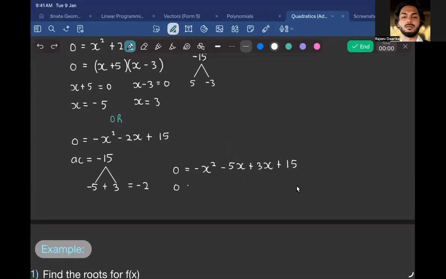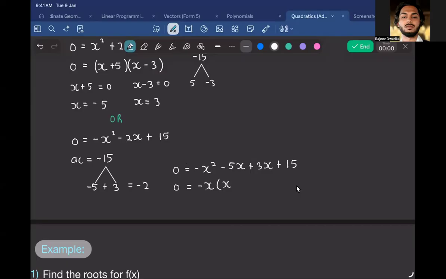Then I'm going to divide the equation into two parts, and factor out using the greatest common factor. So, Avinash, if you look at minus x squared and minus 5x, what do we have in common? The x. Right, the x and the negative sign. Negative x. So if I pull out negative x from negative x squared, that's just going to be plus x.